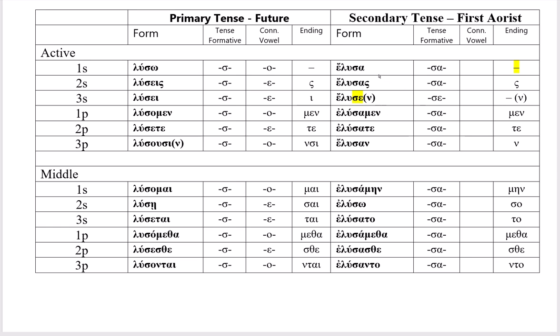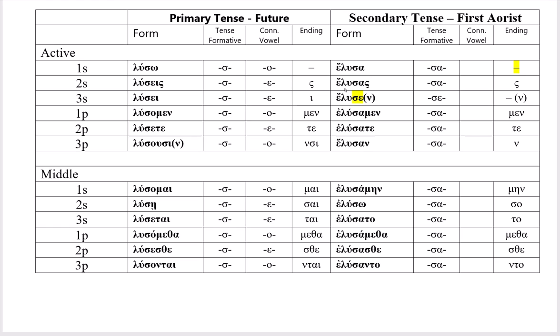Notice that for the imperfects, the first singular and the third plural were the same, that omicron nu ending, on. In this case, for the first aorist, the first singular is not the same as the third plural.